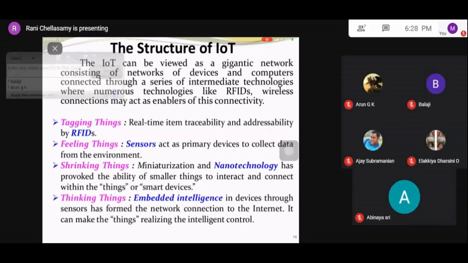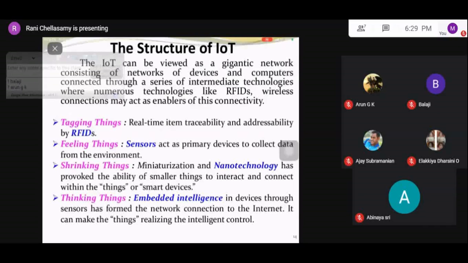Feeling things means we can use sensors, which act as a primary device to collect data from the environment. Shrinking things means miniaturization, and nanotechnology has proved the ability of smaller things to interact and connect with other smart devices, that is, the connection of one device to another device.